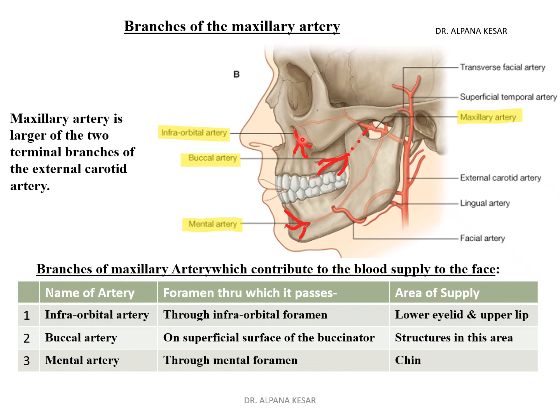Infraorbital artery enters the face through the infraorbital foramen and supplies blood to the region of lower eyelid and upper lip. Buccal artery is present on superficial surface of buccinator muscle and supplies blood to that area.